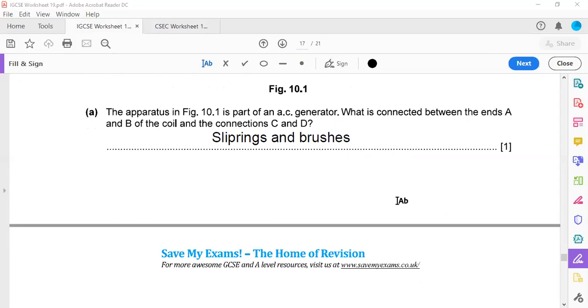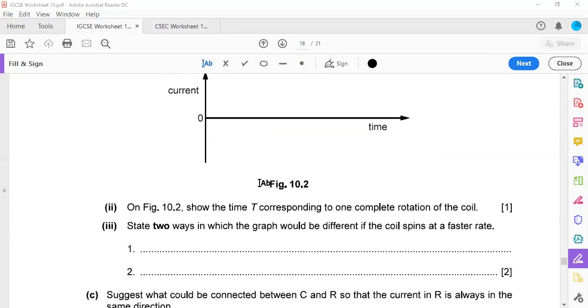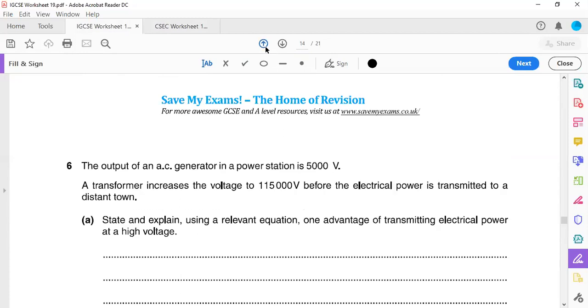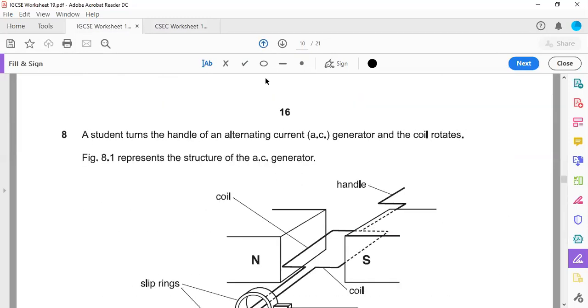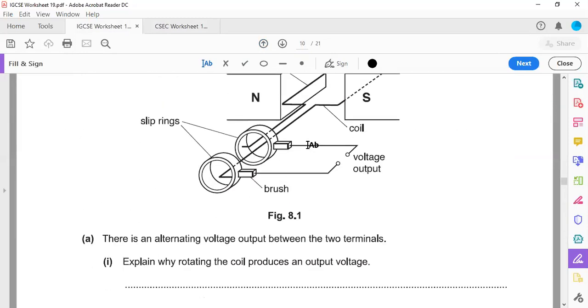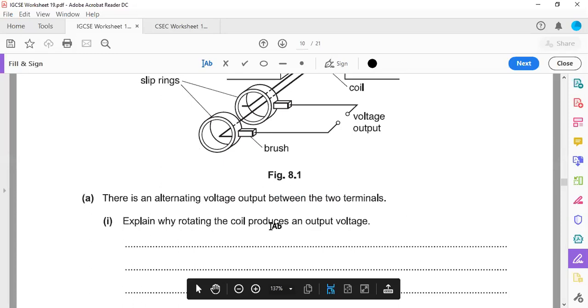IGC students, nice. So good. You could practice the other questions that are in the past papers here. You could try this. This is simple because these are the answers that were given over here. These are your slip rings and brushes, and this is the output voltage. Explain why rotating the coil produces an output voltage.